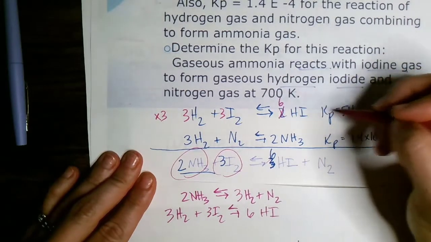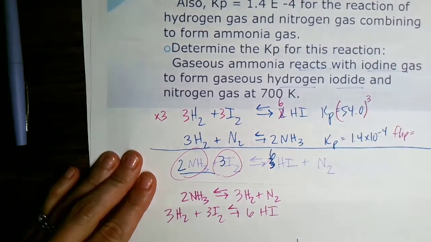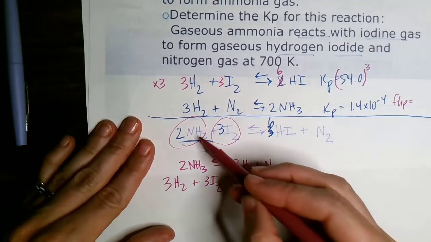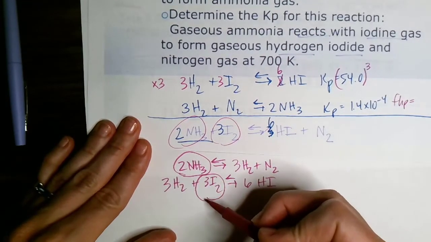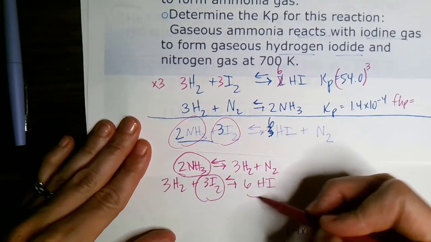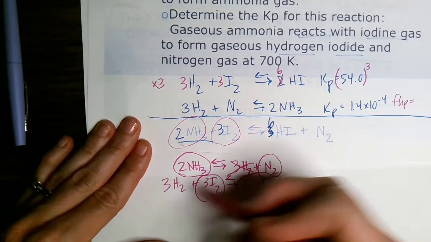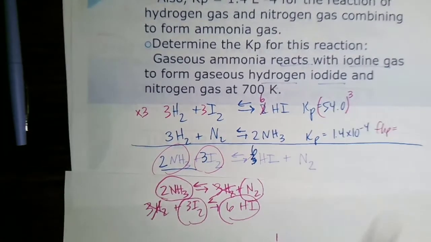If we're distributing by 3, remember we're going to take our Kp and put it to the third power. Let's make sure we get what we need here. On the left, I've got 2NH3 and 3I2. On the right, I have 6HI and N2. And look, my 3H2 cancel out. Perfect. So now we just need to multiply our Kp's.